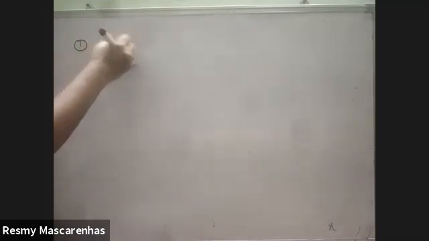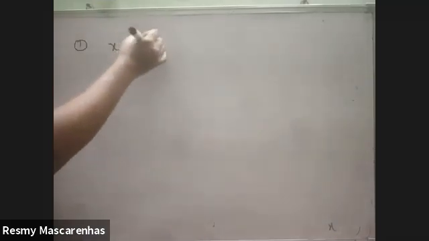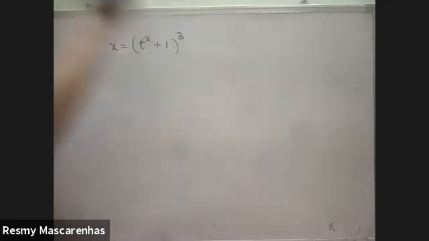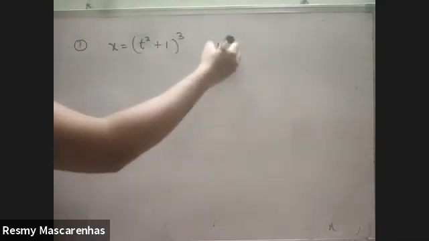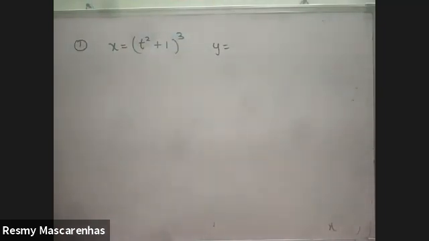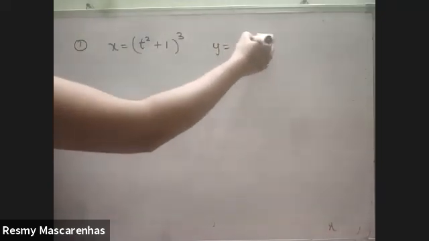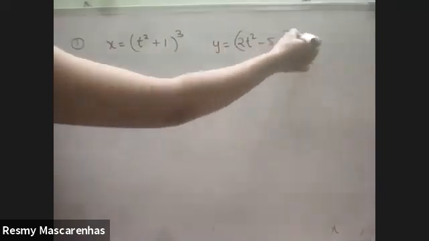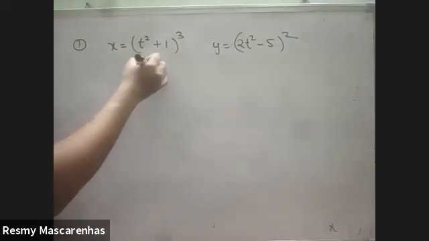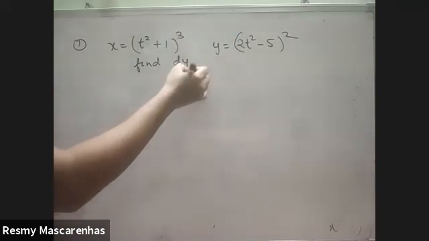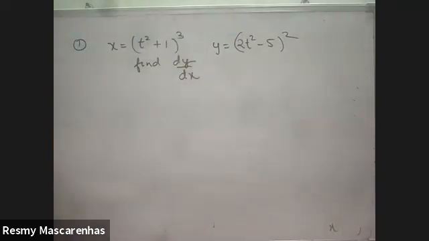First one. Find dy by dx. So you know that your variable is t.